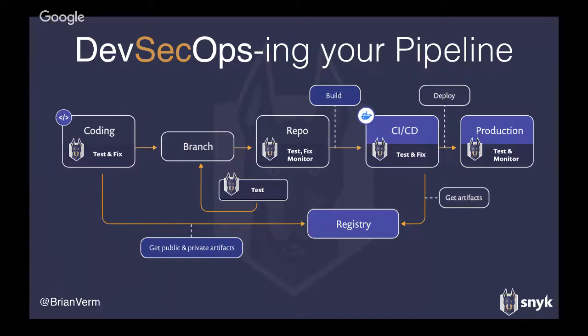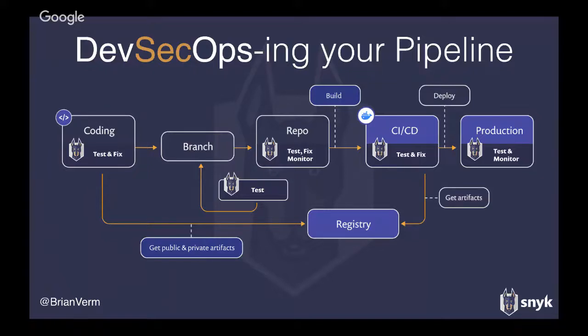If you can fix that delta before it goes into production, you're great, right? And of course, in the meantime, from coding to getting into master and into your CI, a new vulnerability can be disclosed. So you still need that gatekeeper. In your CI pipeline, you still need some sort of automatic testing for vulnerabilities, but also for other kinds of things. But these security things need to be in place.